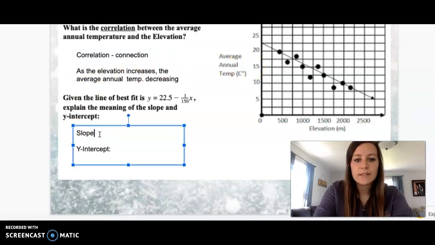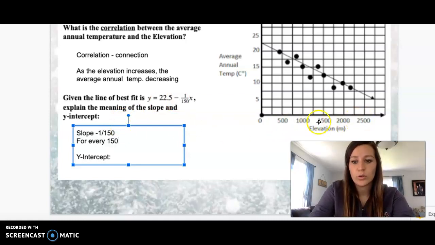My slope for this equation, careful, this one was a little tricky. It's -1/150, okay? That negative actually goes with your slope here. So we would want to say for every 150 meters in elevation increase, the temperature decreases by 1 degree Celsius.